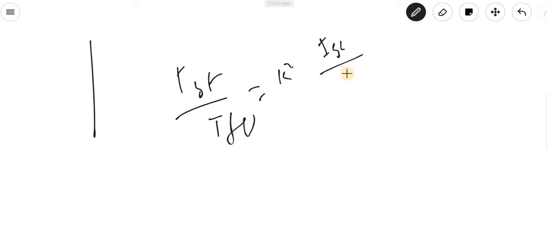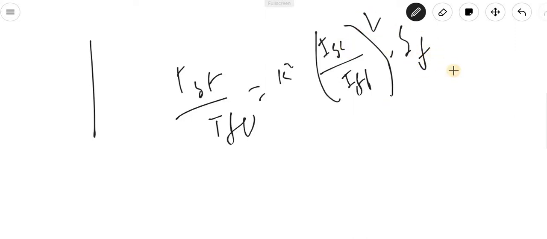Starting torque and full load torque, what would be the ratio? You know that this is the square times of ISC, so it will be the full load current square into times of full load slip.